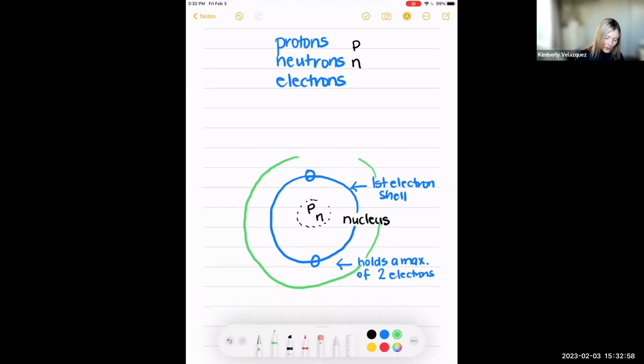And that second electron shell holds a maximum of 8 electrons. So there's room for 8 electrons to be in that second electron shell. So I'm going to show 8 spaces available.